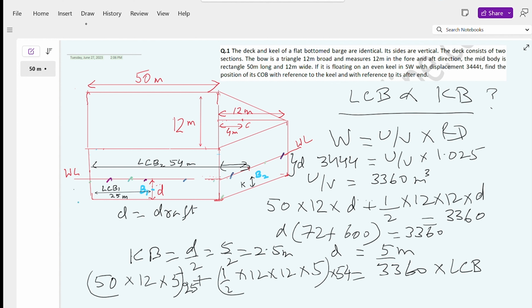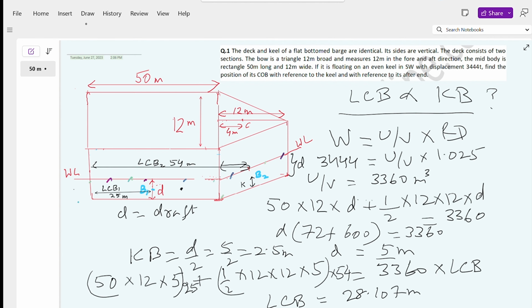So if you solve this, open all this equation, LCB will come out to be 28.107 meter. 28.107, so you can see it is somewhere here.